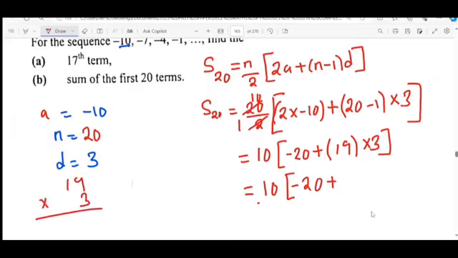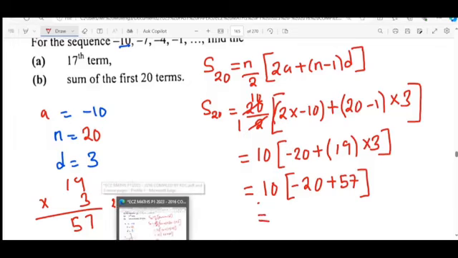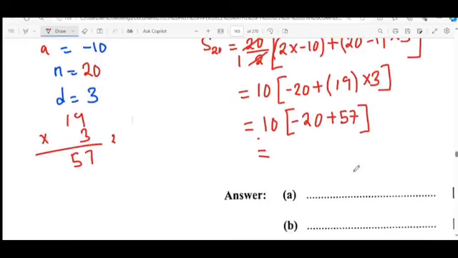3 times 9 is 27. You write 7 and carry 2. 3 times 1 is 3, plus 2 is 5. So this will give us 57. So we have negative 20 plus 57. Now from here, we just need to add those.